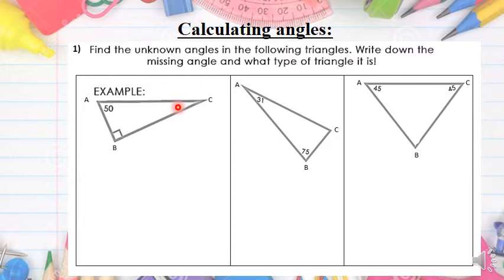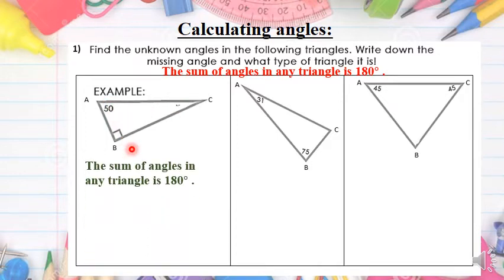Which property? We have to use the property that the sum of angles in any triangle is 180 degrees. So the measure of this angle is 180 degrees minus the sum of these two angles. Then angle A plus angle B plus angle C is equal to 180 degrees.